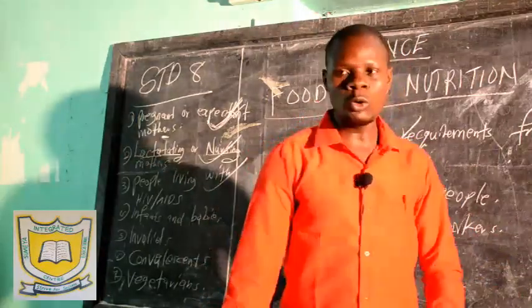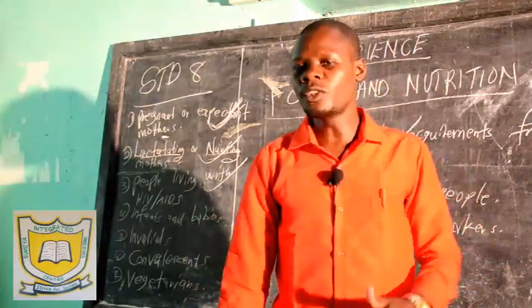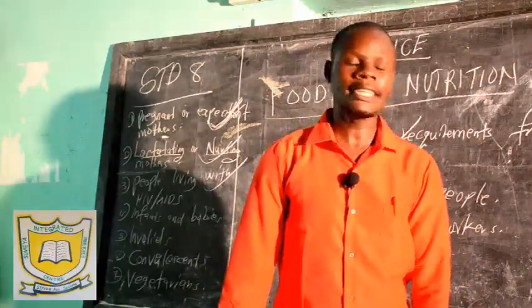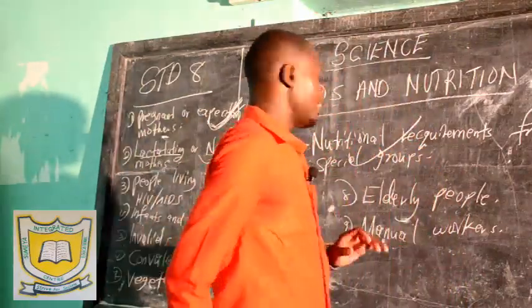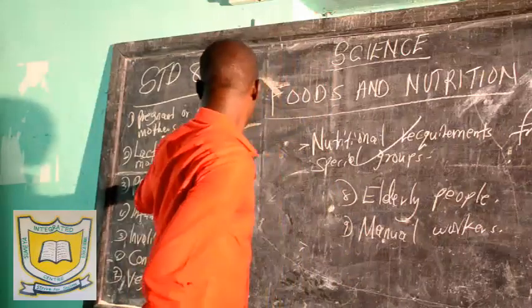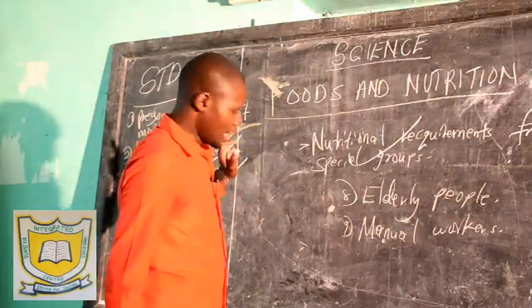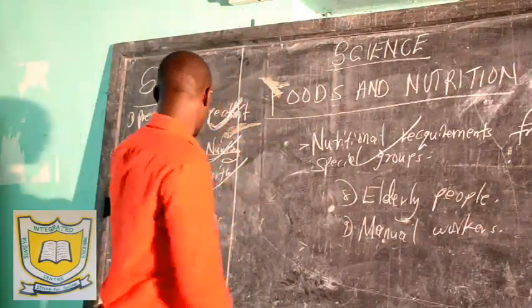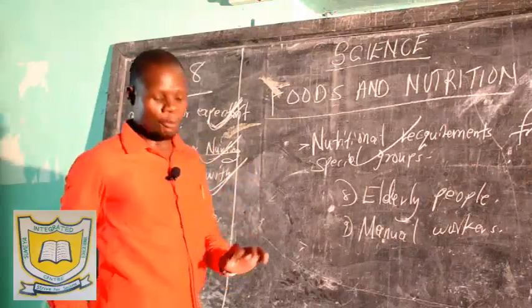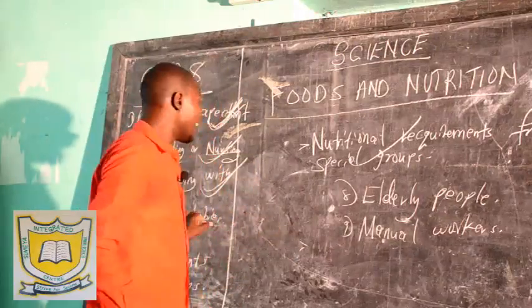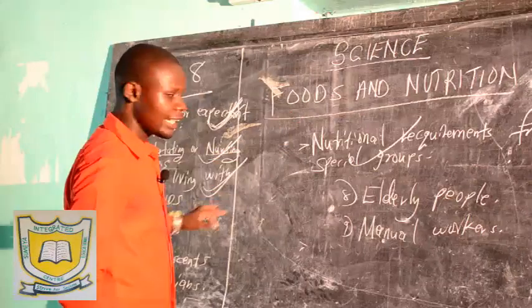For you to be strong, you need an additional nutrient, extra nutrient that is required for the prosperity of the person living with HIV, and also great care of that person. So that is another group of special persons that needs special care.